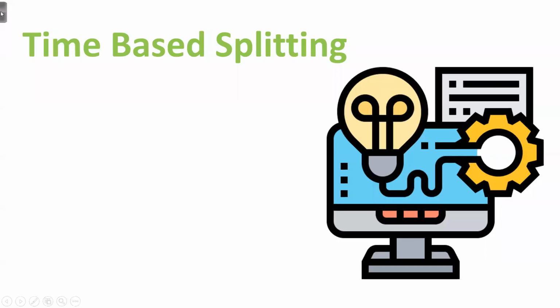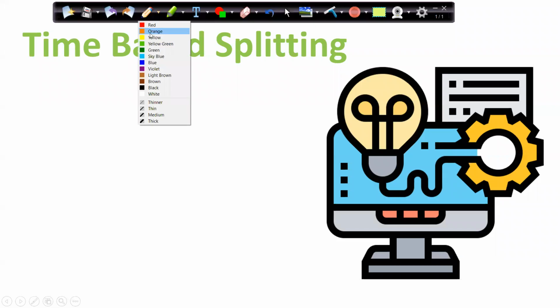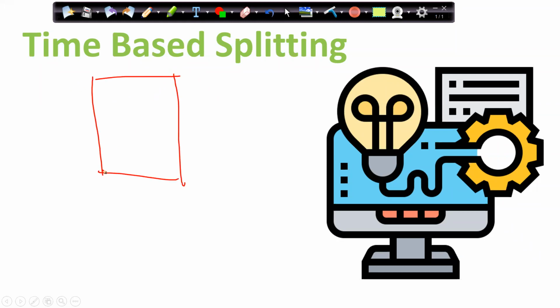Now the next concept, again, this is also one more interesting concept, which is time-based splitting. Now, if you guys remember, we had the Dn, we split the data into 3 parts: D train, D CV, and D test.